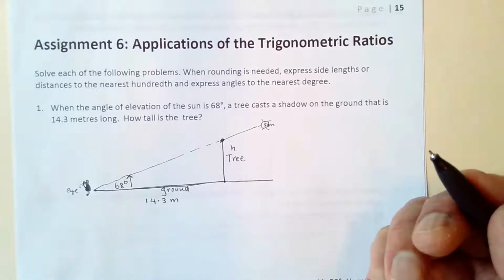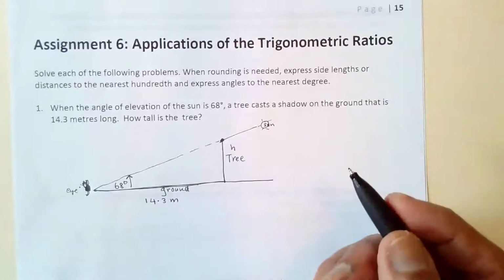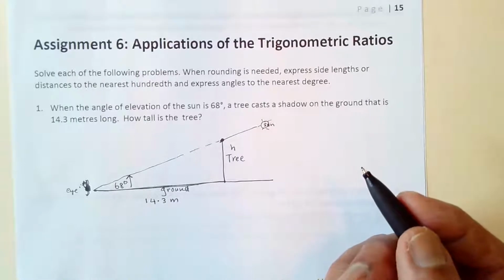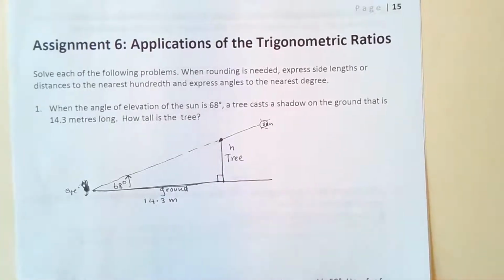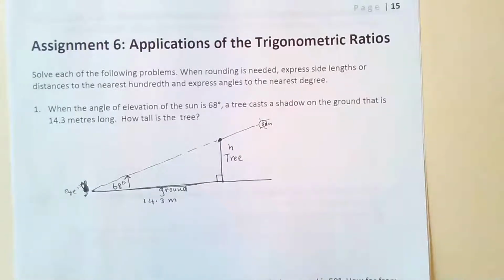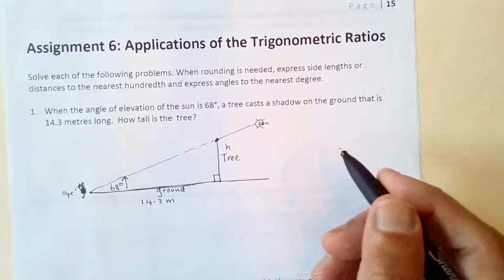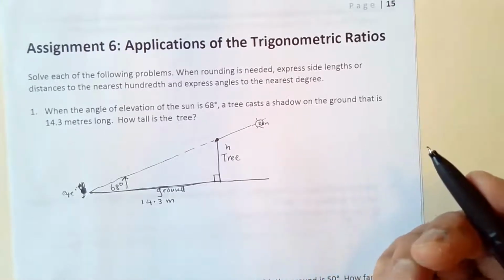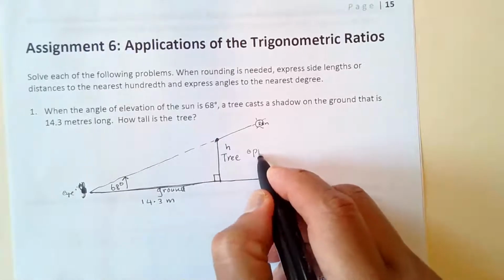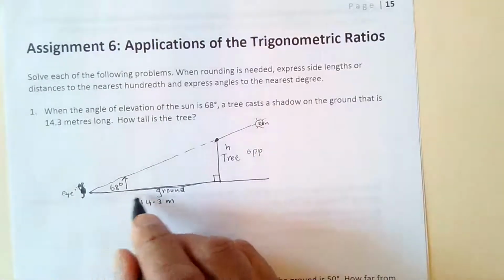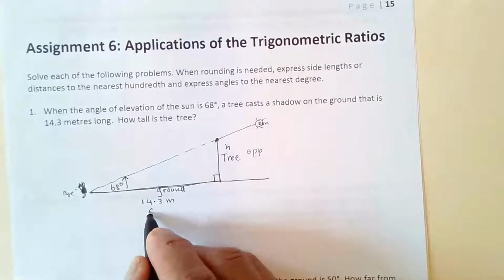Whenever we have any of these questions, we label the sides. By the way, we can input our angle here. That tells me it's 90 degrees because the tree is perpendicular, assuming the tree is straight. So we label the sides of the triangle. We have the angle here, so this will be the opposite side, and the ground will be the adjacent side.